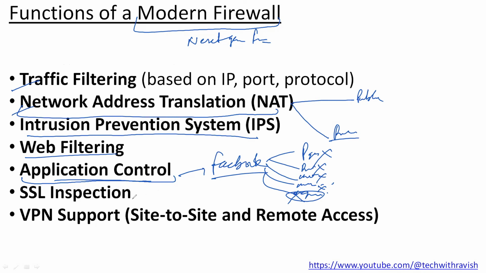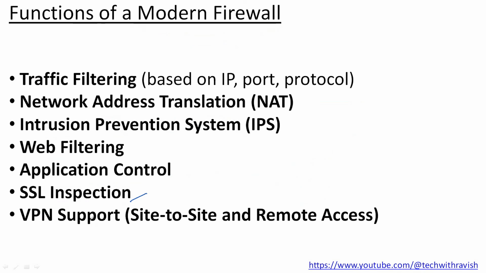This is called application layer control, or application control. Then SSL inspection and VPN support. We have multiple types of VPN, site to site VPN and remote access VPN, and that is also supported by the modern firewall.